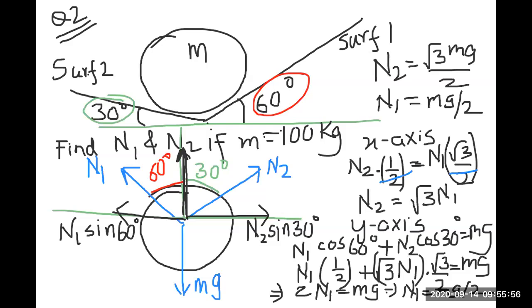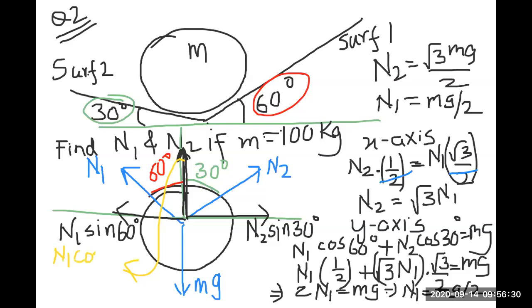N1 cos 60 plus N2 cos 30 is equal to mg. हाँ हाँ, 10 पे आ रहे हैं बाबू, अभी आते हैं. N1 cos, ये देखना, उस diagram में देखना जो मैंने diagram बनाया है, इसमें जो जो vertical components हैं forces के वो क्या है? यहाँ पे लिख दे रहा हूँ मैं, vertical components of forces.